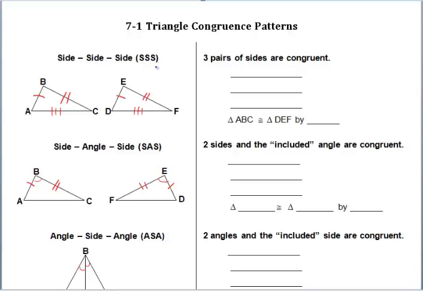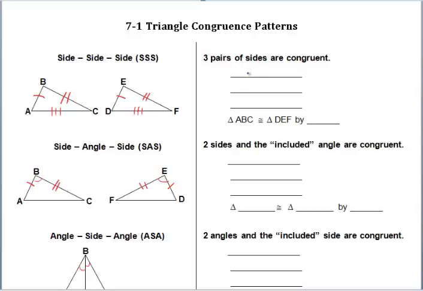Let me stop now and make sure that you know you're supposed to write all this stuff down and get it in your notes. Your notes should look exactly like my notes. Side, side, side is when we have three pairs of sides that are congruent. I've already marked two triangles with the three sides congruent.